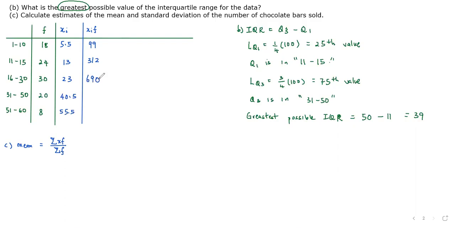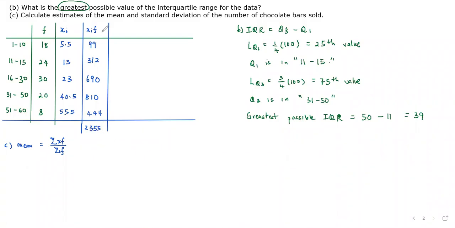The third has a value of 690, 810, and 444. After that, you just sum all of these. So the sum of all of these is 2,355.